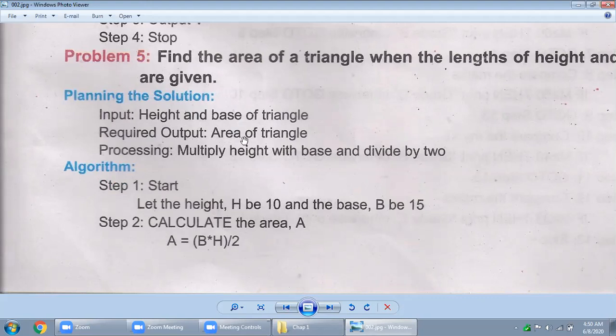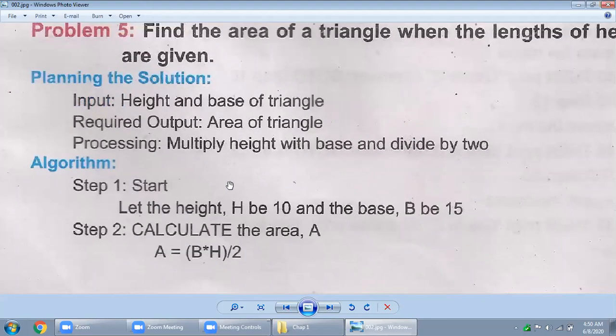Obviously, the area of the triangle is unknown, so we will have to find it. Next step, processing. What is the processing in this? I can apply the formula over here: multiply height with base and divide by 2. So this is our processing part. This was our planning the solution.